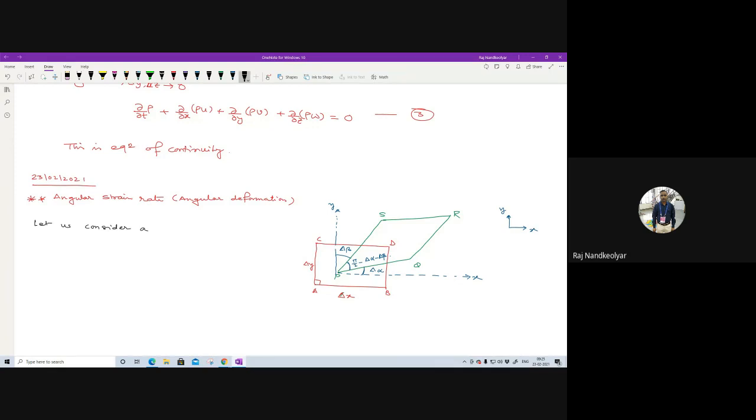That is why we have chosen a different point P rather than the original point A. So we have completely shifted the figure.